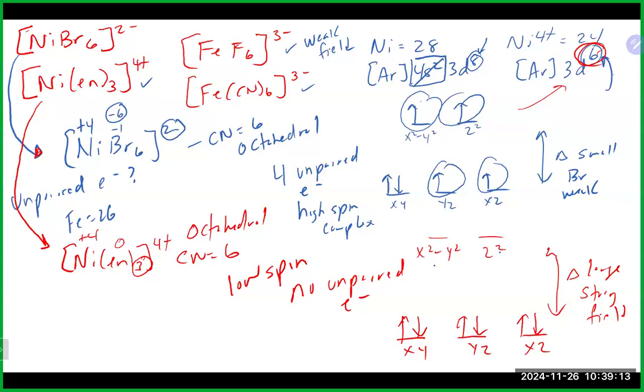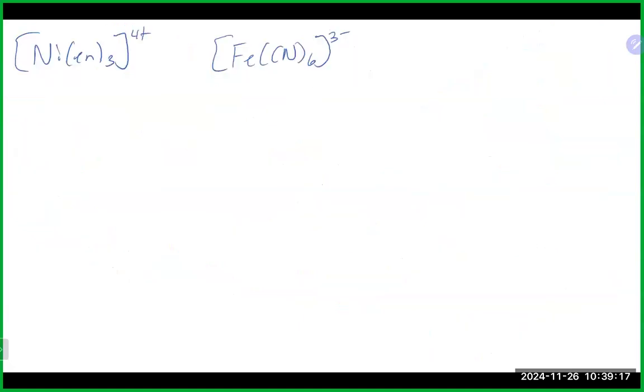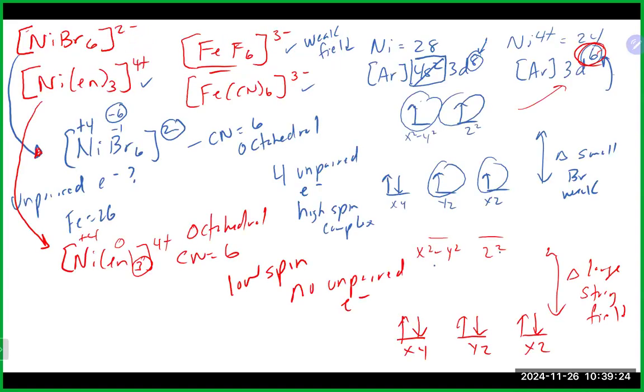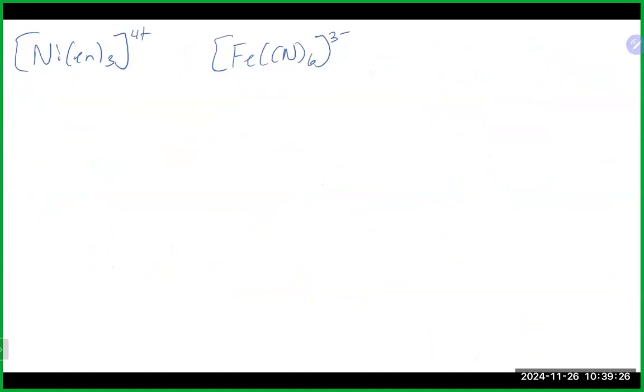All right, so let's take a look at the next one, which is we'll do this guy up here. So we have iron and there it is. We have iron and fluorine, I think. Iron and fluorine, also at 3 minus.